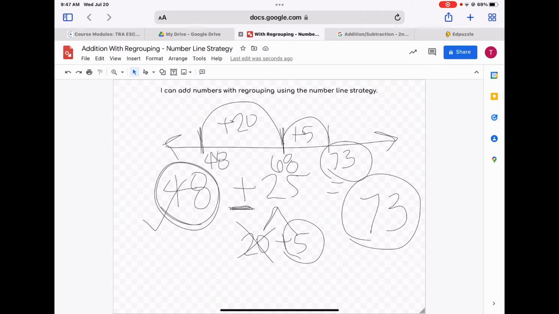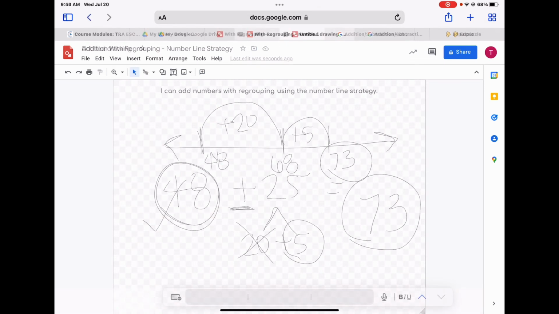I'm also going to have an Edpuzzle on the next page linked so that it can help you answer some questions, just going through the steps that we go through, like our starting point and how we break our second number into two sections and so forth.